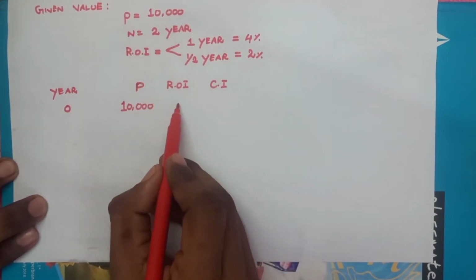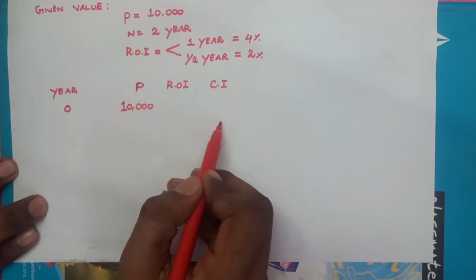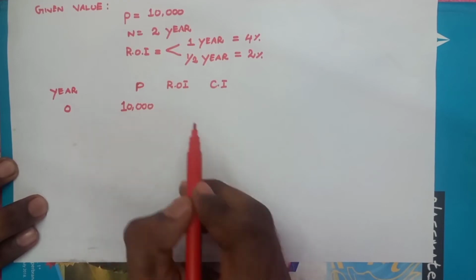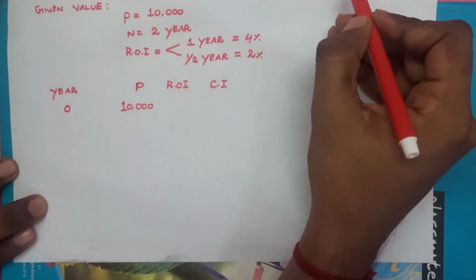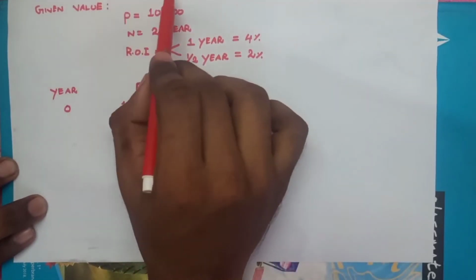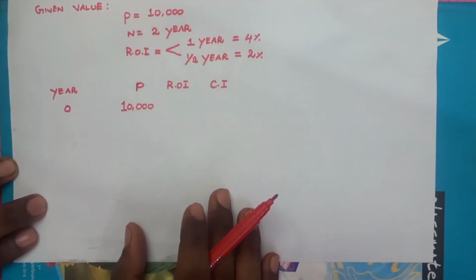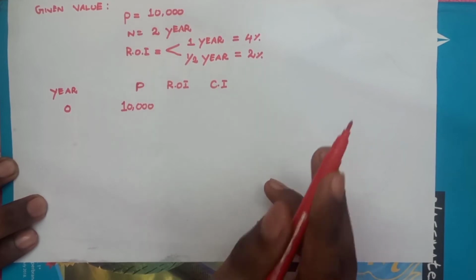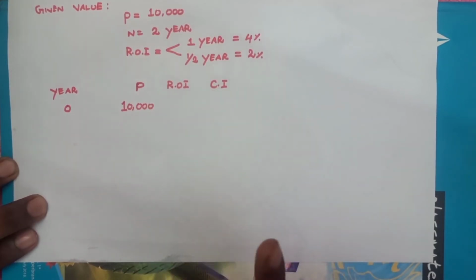Just percentage of 10,000, we can find the compound interest, and don't do 4% of 10,000. Why? Because they have asked interest calculated half yearly. Half yearly means 2 times interest calculation in 1 year and 4 times interest calculation in 2 years.